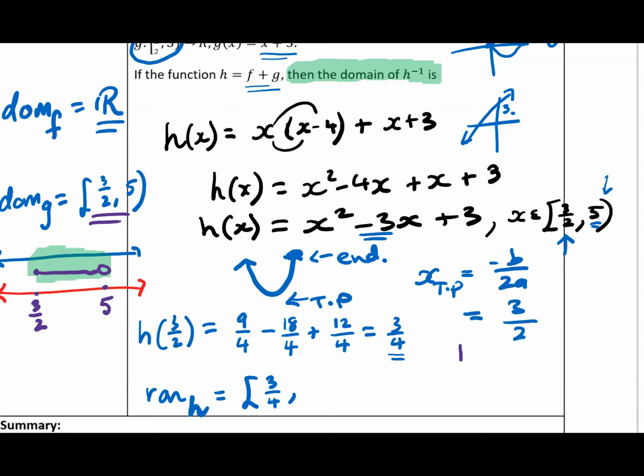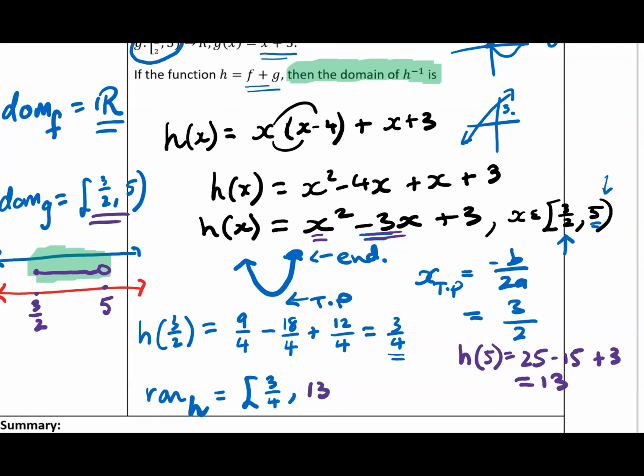So I think, well, what is h of 5? Well, I've got 5 squared, so that's 25, minus 3 times 5, minus 15, plus 3. That gives me 10 plus 3, which is 13. So the range of h is 3/4 to 13, not including the 13.